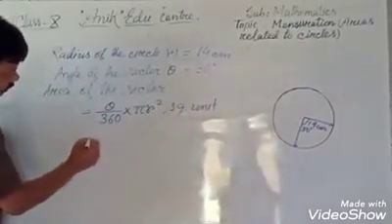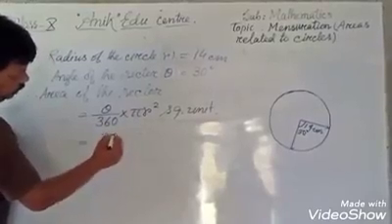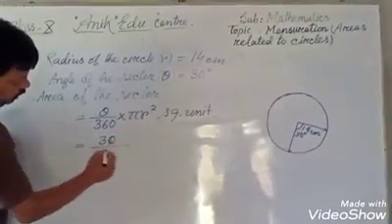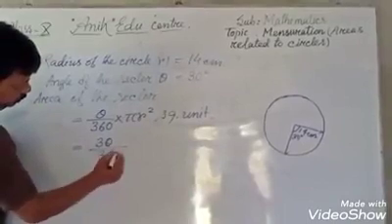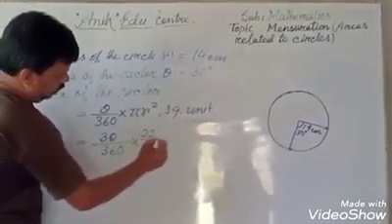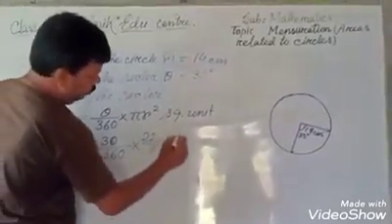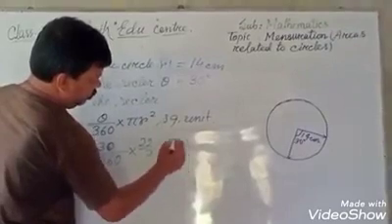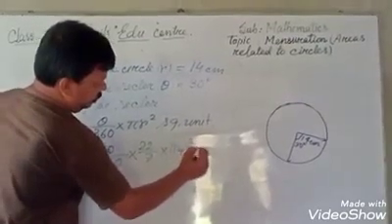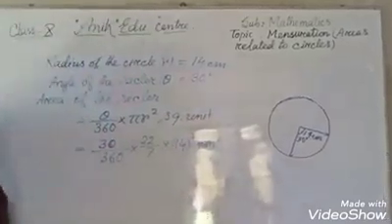As we got theta is 30 degree, write 30 here by 360 into pi, 22 by 7, you know, r 14 square, unit is centimeter, so we shall write centimeter square.